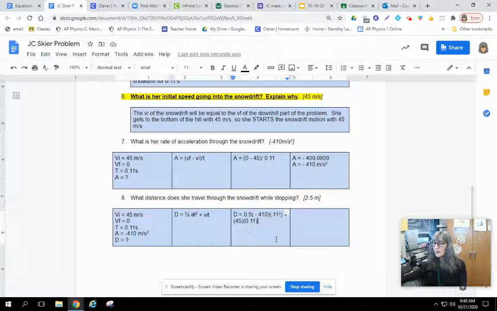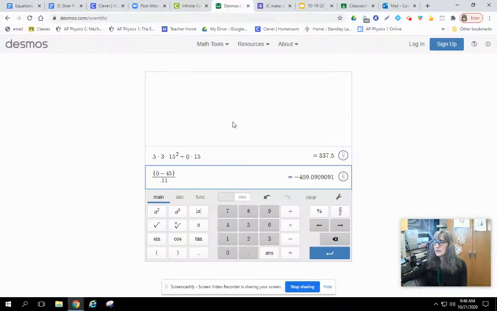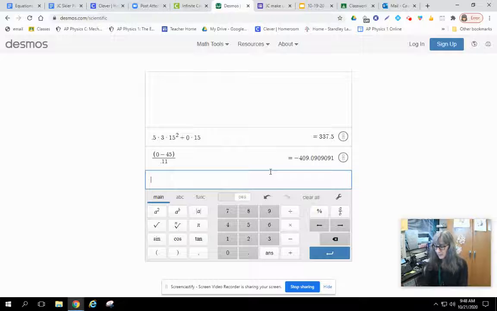So times 0.11. So let's go to our calculator again, plug all that stuff in. We've got 0.5 times our acceleration, negative 410, times 0.11 squared plus 45 times 0.11.